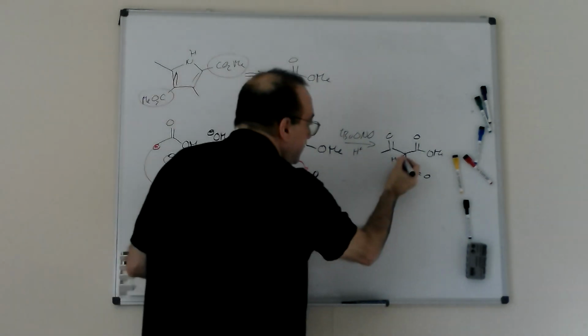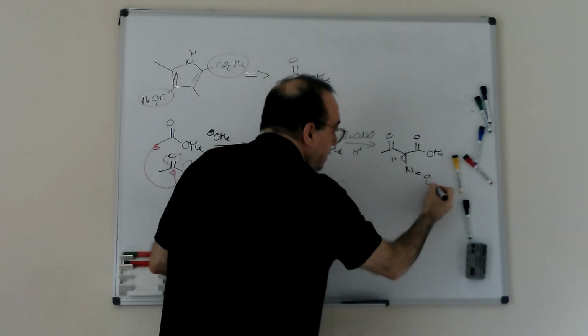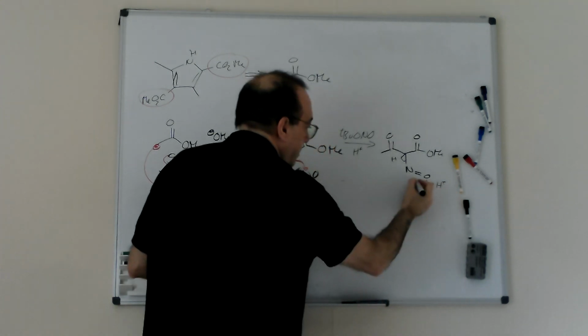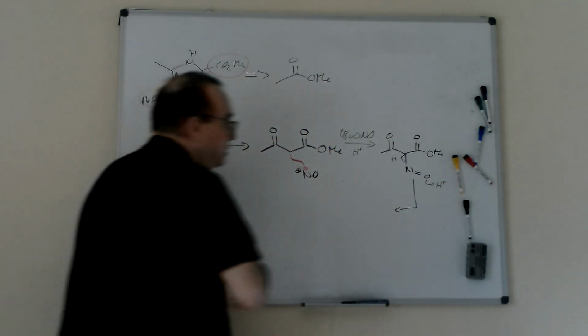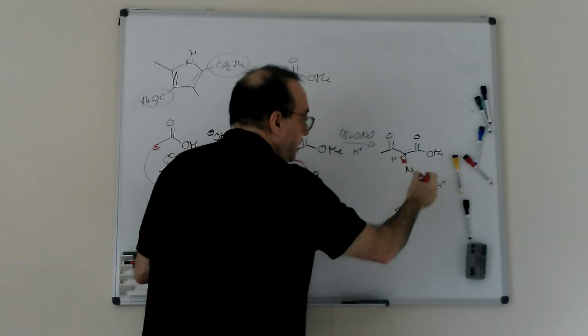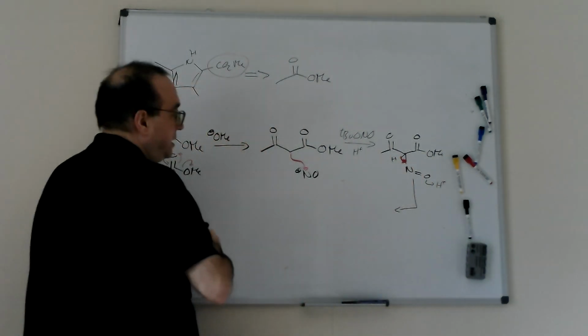Okay, and then this pair of electrons is going to form a double bond here, and what we generate is the oxime.